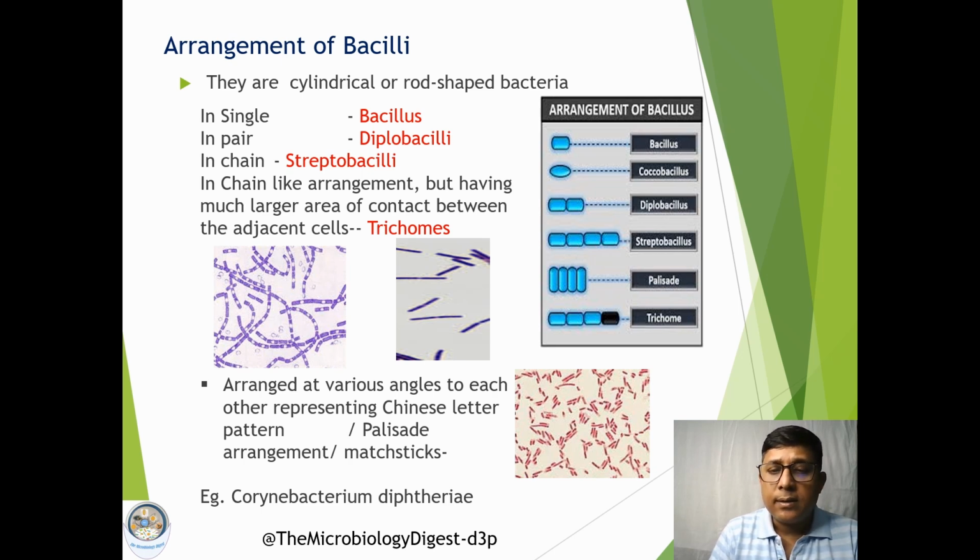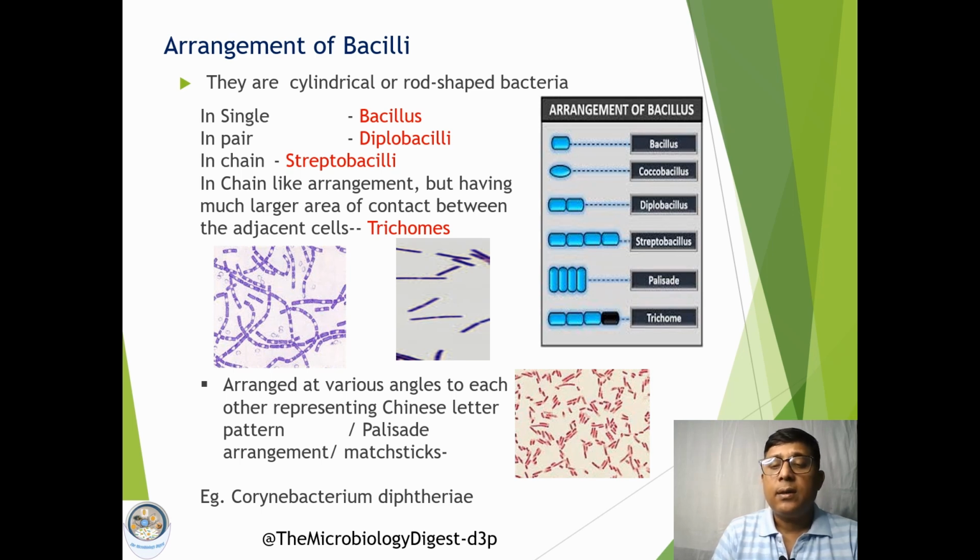Then some of the bacillus may arrange at different angles, resembling a Chinese letter-like arrangement, or this is also called palisade arrangement, or they are also called bundles of mastic. This type of arrangement we frequently encounter in Corynebacterium organisms.